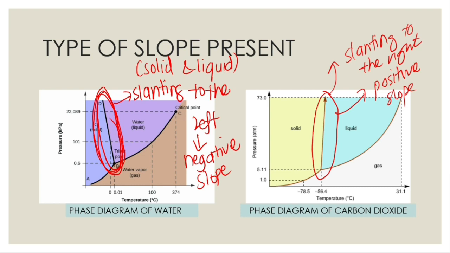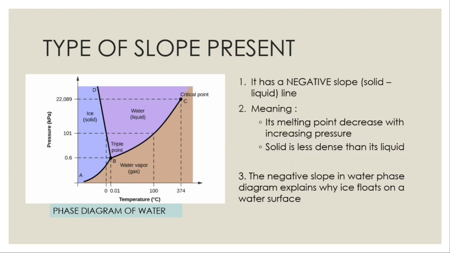Let's look at the phase diagram of water, which has a negative slope. You can see the liquid region is more dominant in size compared to the solid region, which is very small. This shows that water has a bigger density, it is denser.